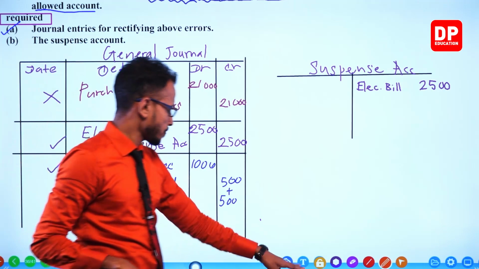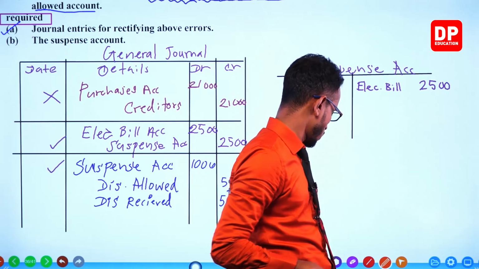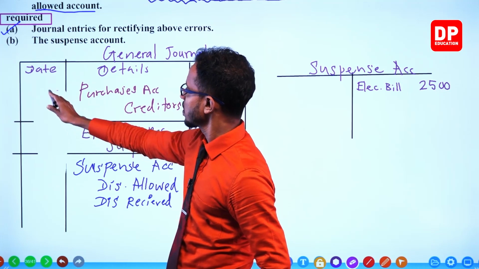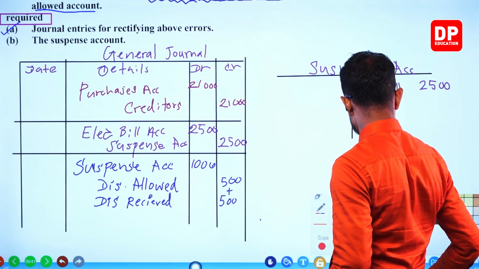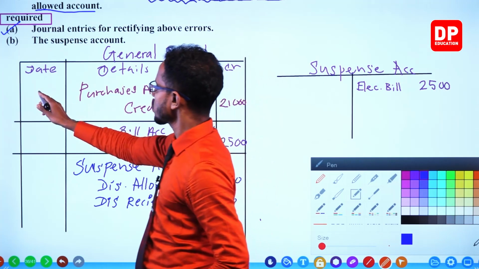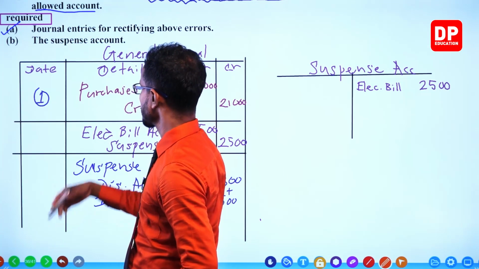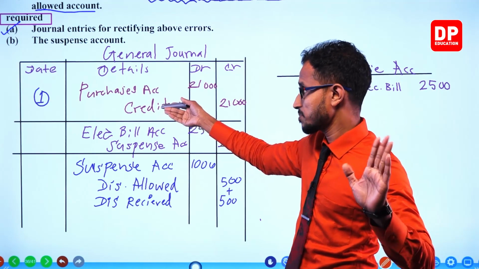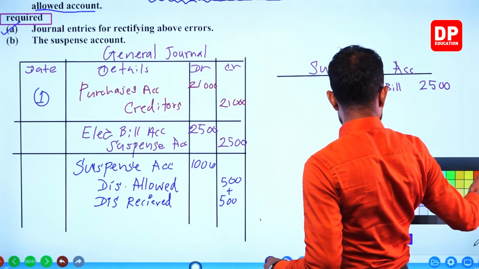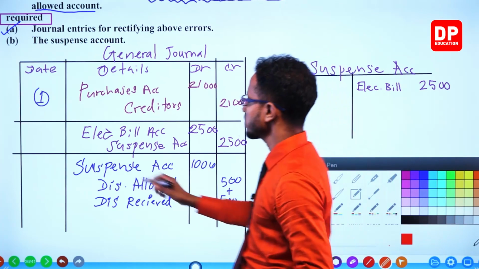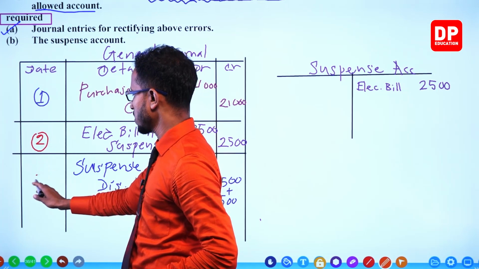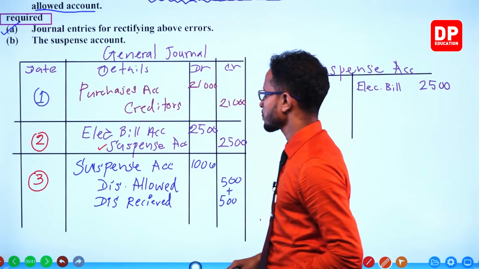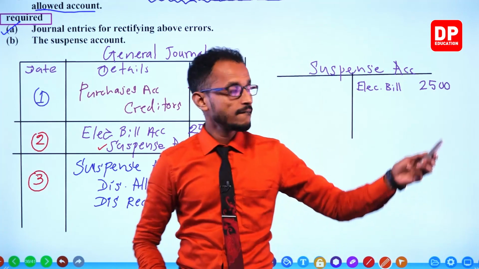In the first correction entry, no suspense account is involved. The second and third both have the suspense account involved. So we have recorded this 2500.